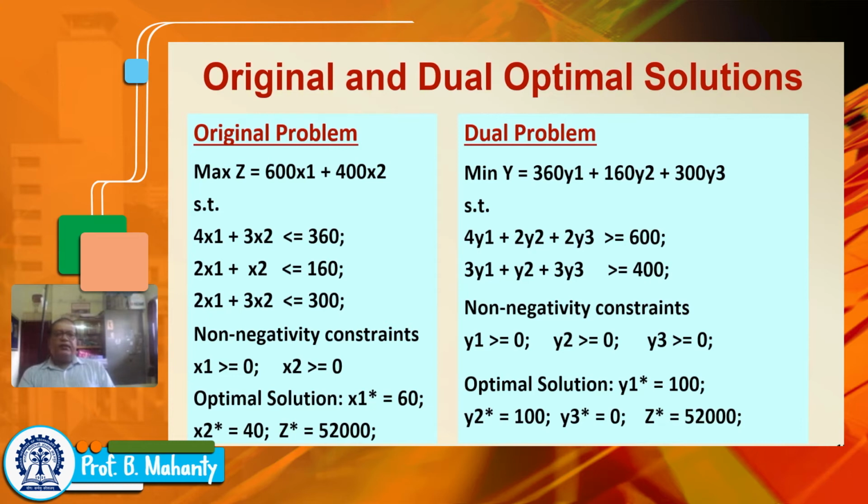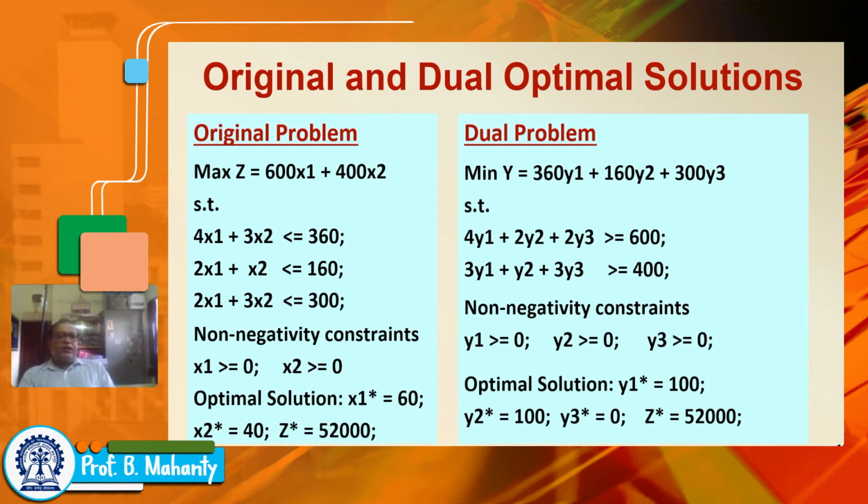That means this is the basic feasible solution that we know. We know that for the original problem, one basic feasible solution is x1 star equal to 60, x2 equal to 40, and z is 52,000. And for the dual problem also we know a feasible solution is y1 equal to 100, y2 equal to 100, and y3 equal to 0. And in that case, z is also 52,000.